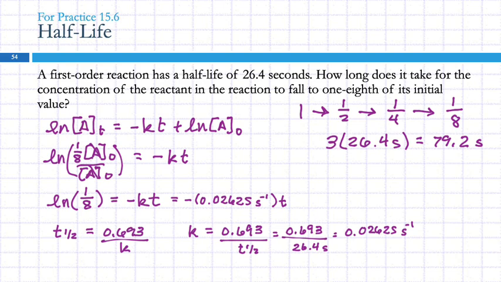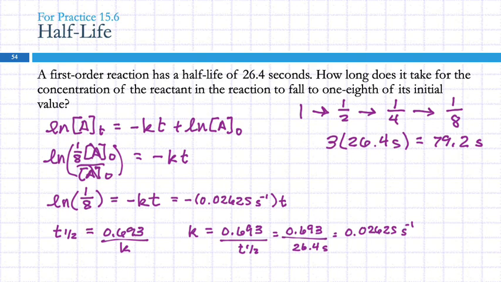and just do clear, move the cursor and clear to get our two boxes, right? So on the left-hand side, we have the natural log of 1/8. Natural log of 1 divided by 8, and we'll close the parentheses there. Then on the other side, we have negative 1 times 0.02625 times our variable.